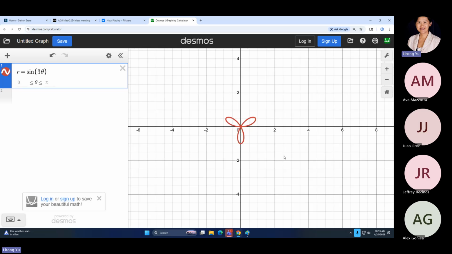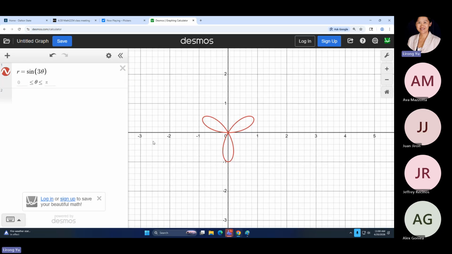So this is how it looks. If you go from 0 to pi, that's already the full thing. But if you go from 0 to a small range, pi over 6, you draw half of the petal. If you go from 0 to pi over 3, it's 1 petal.